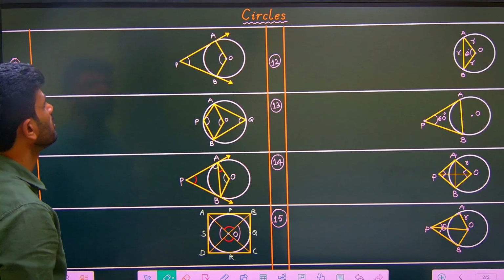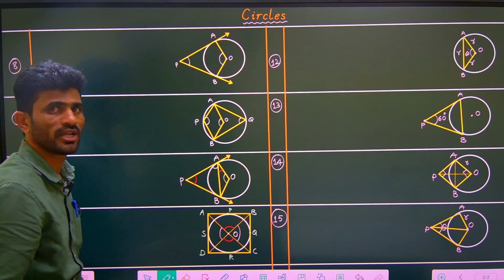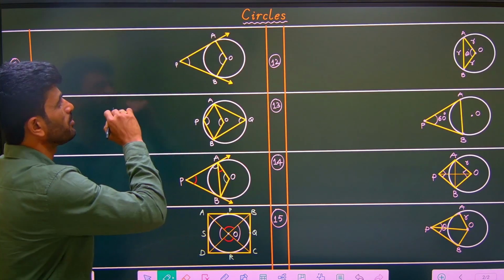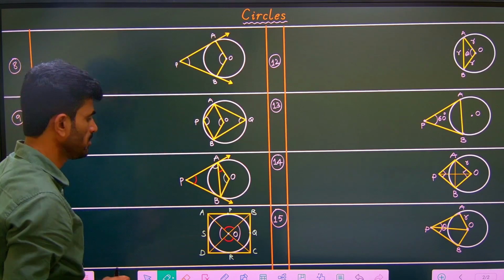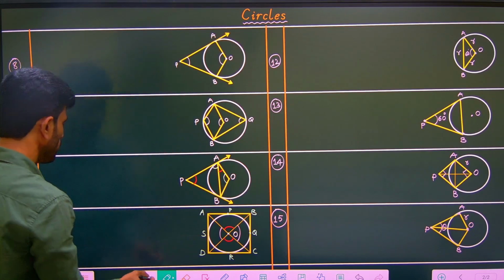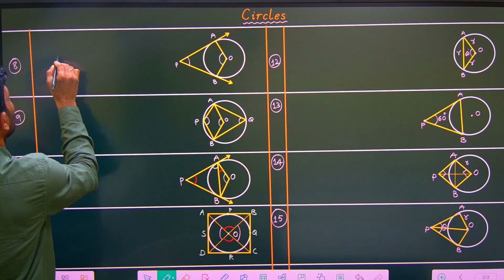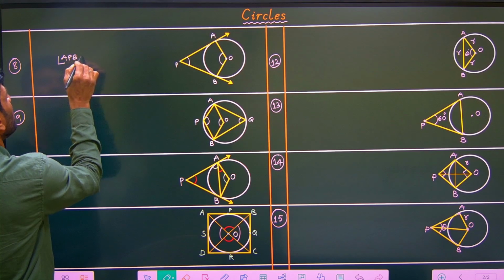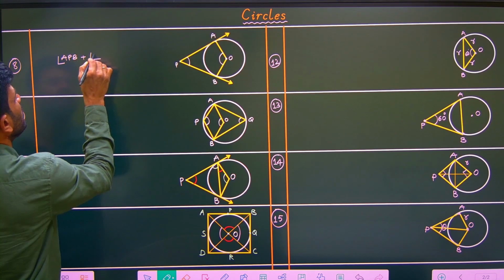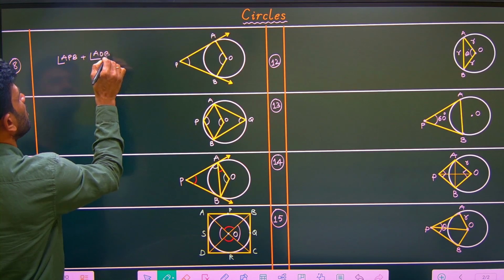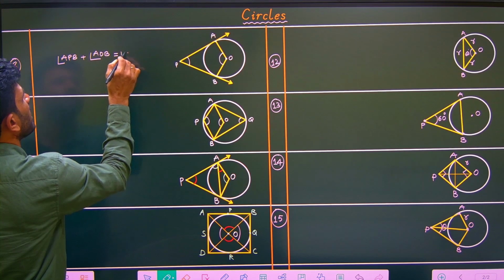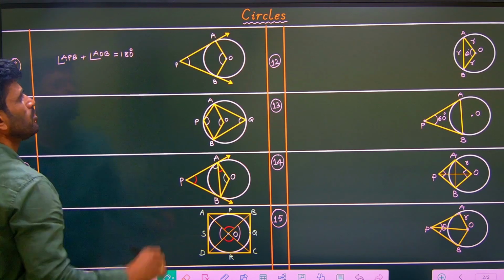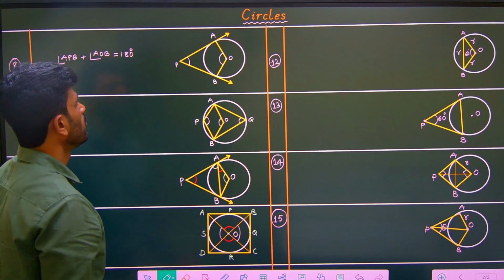First point: if PA and PB are the two tangents drawn from external point P, and OA and OB are the radii, then one important concept is that angle APB plus angle AOB is equal to 180 degrees. Why?